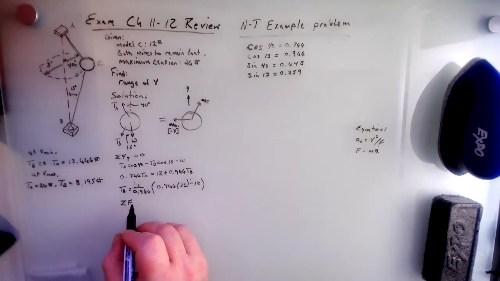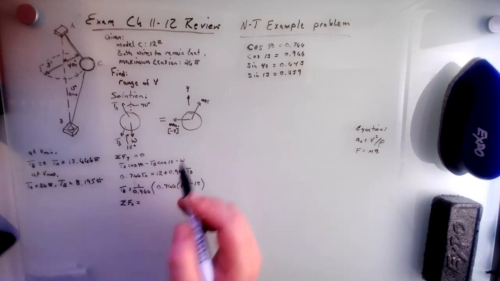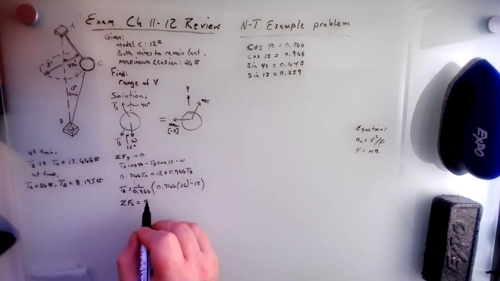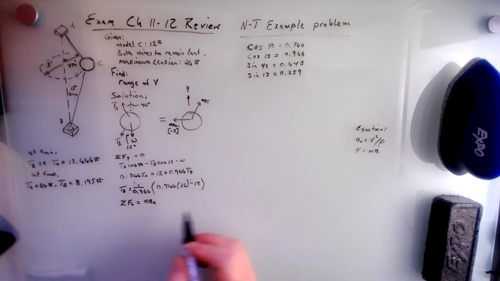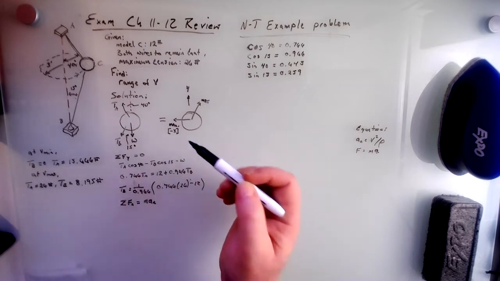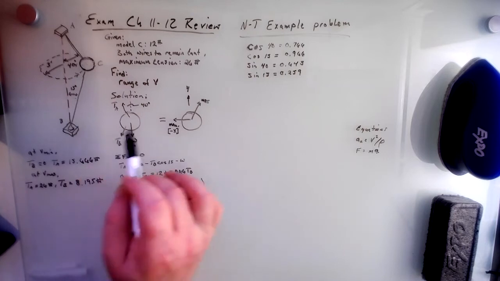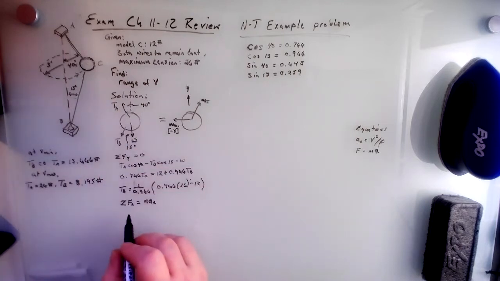So the sum of the forces in the normal direction is equal to m a_n. Let's substitute our values in. The normal direction is here, so these are sines.